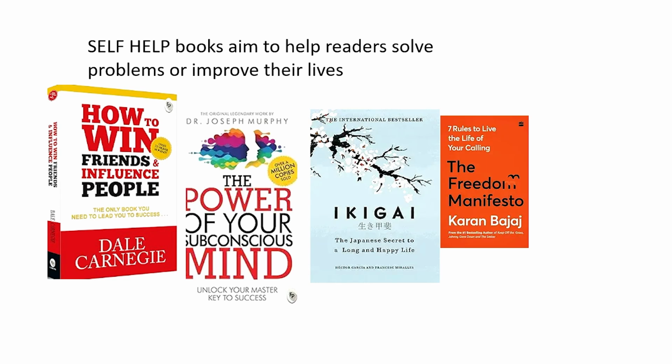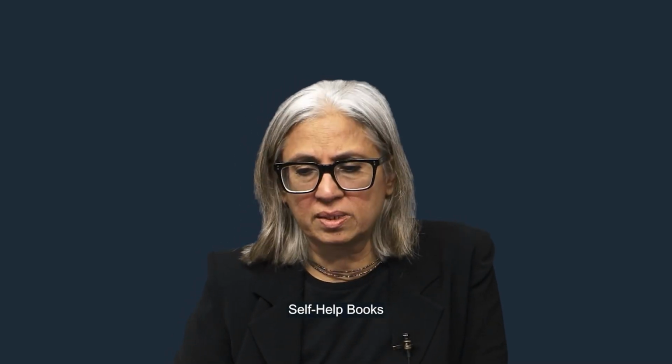As you can see, how-to books have great appeal because they seem to hold the promise of solving problems or improving lives. And that's what one tends to look at a self-help book for.